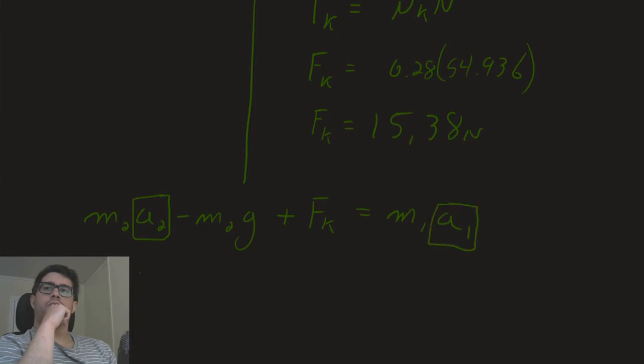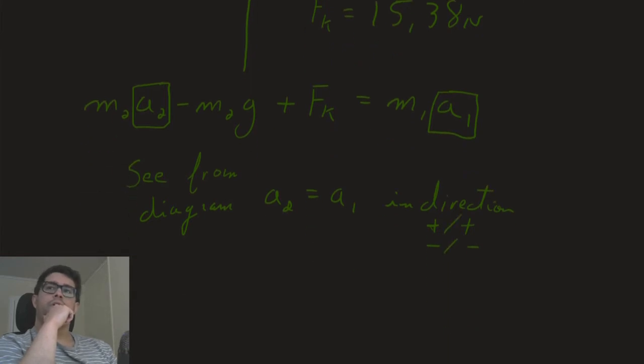Okay, and we've seen from the diagram that A2 is equal to A1 in direction: positive, positive, negative, negative.